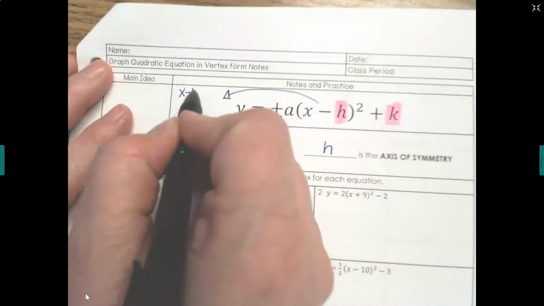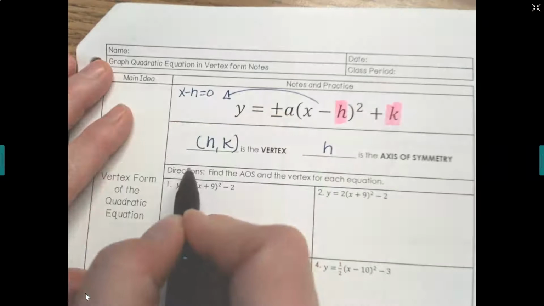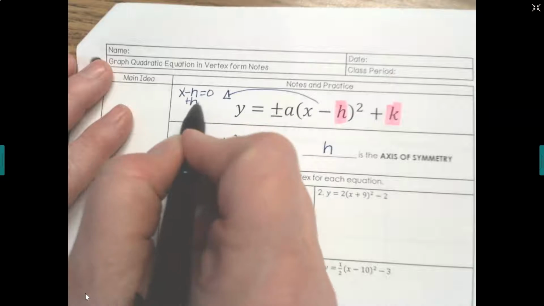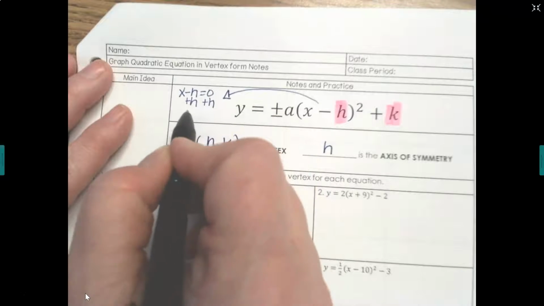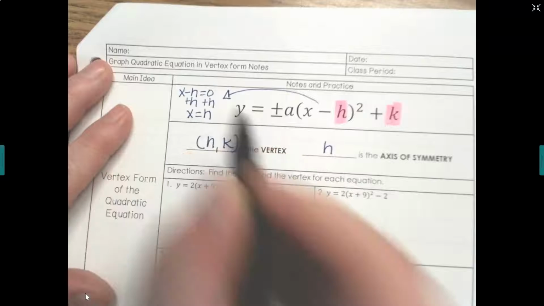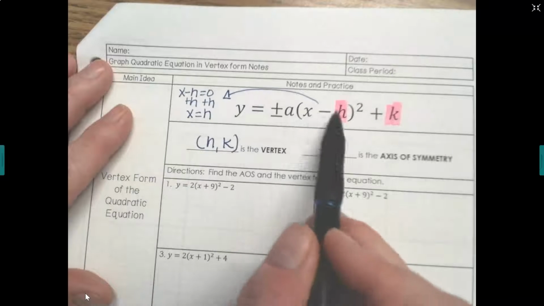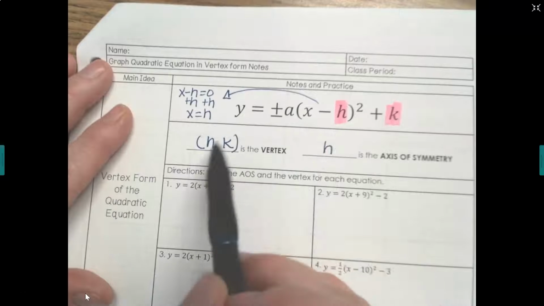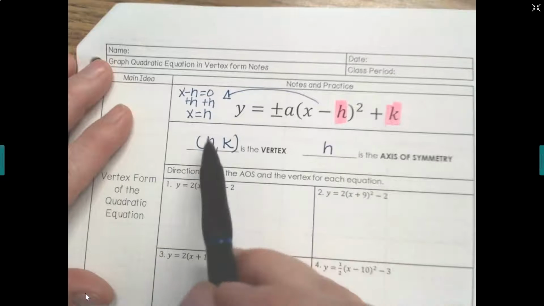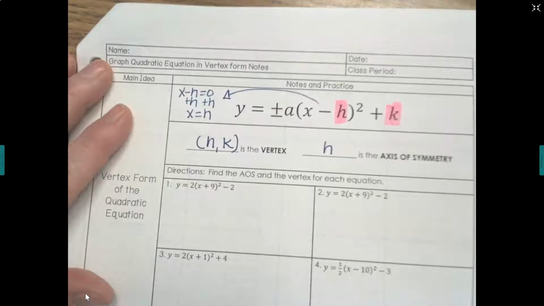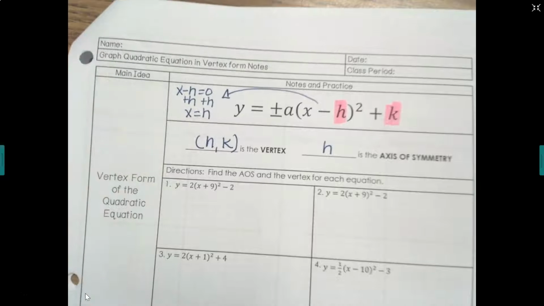So x minus h, you'll set it equal to 0. So to have that positive h, you just got to move the h to the other side. So this will always have the opposite sign of whatever it is in here. So if this is a minus, that will be a plus. If this is a plus, your x value will be a negative.